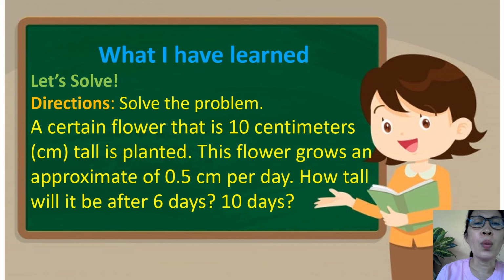So, what is being planted? A flower. How tall is the flower when planted? It is 10 centimeters. What is the approximate growth of the flower per day? That is 0.5 centimeters. So, we are asked to find the height of the flower after 6 days or in 10 days.